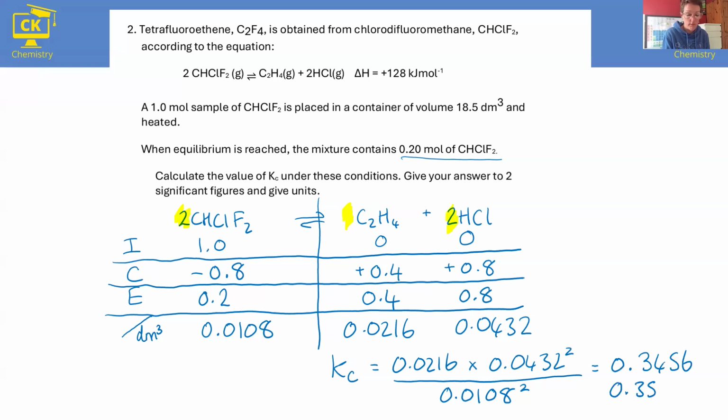Be careful of your rounding. Now, some people are like, well, what happens if I'd rounded everything? Do I get the same thing? So if I rounded everything to 2 significant figures, then on the top, I'd have 0.022 times 0.043 squared.